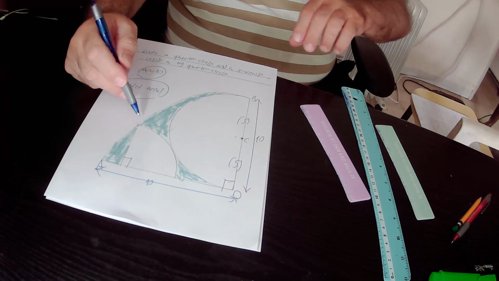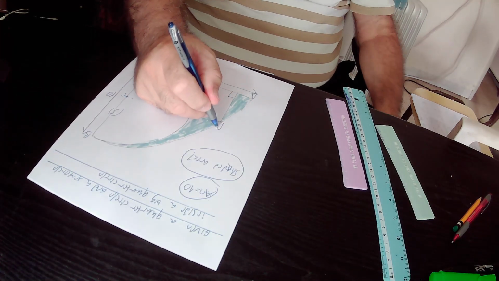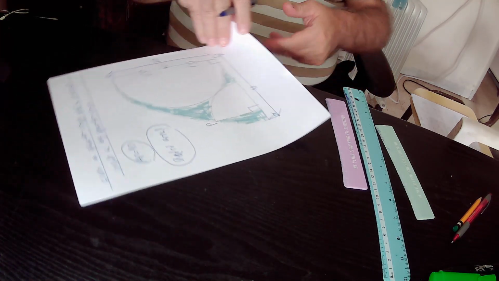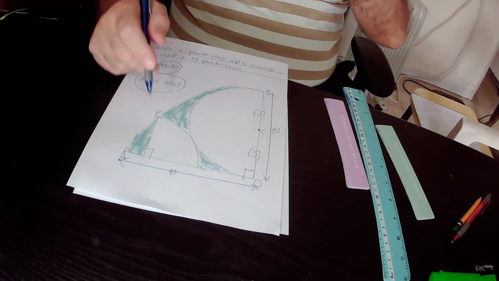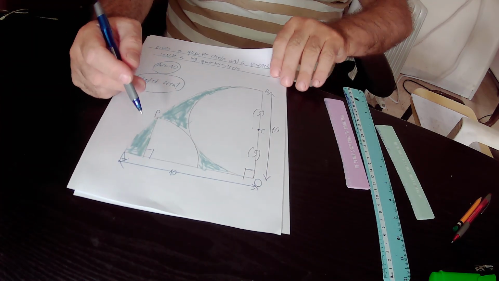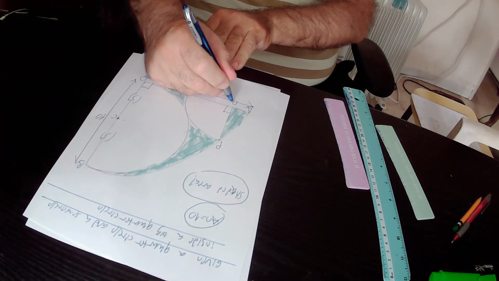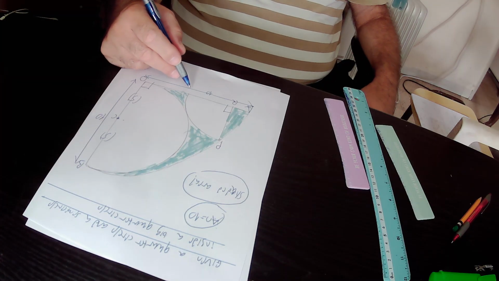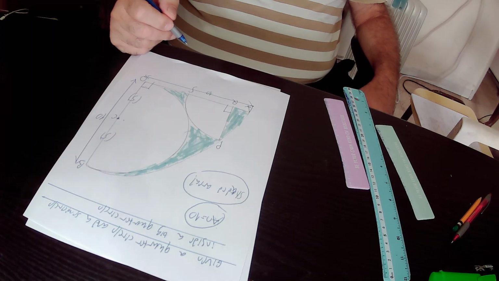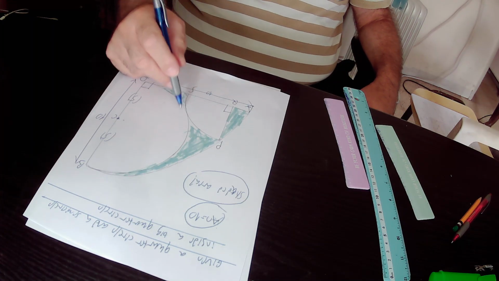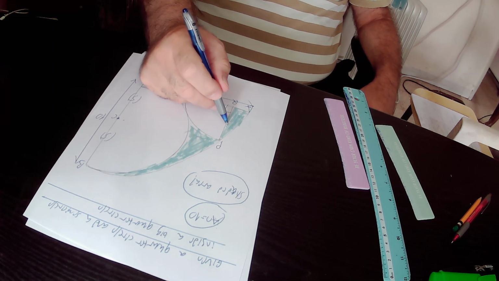This point is point P. We define this point as point Q. We define this point as point S. We define the radius of this small quarter circle as x. So QP is the radius of this quarter circle, that equals x.